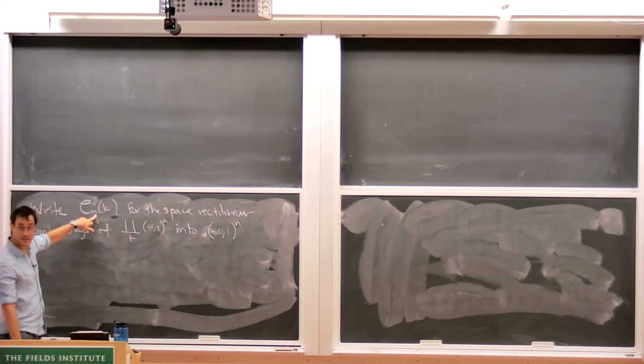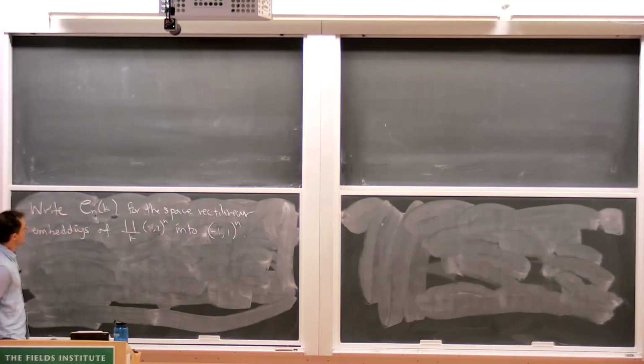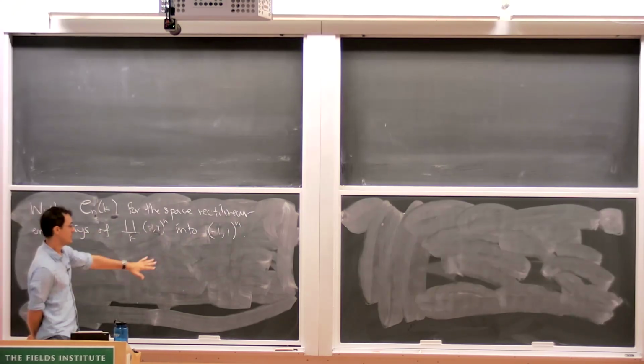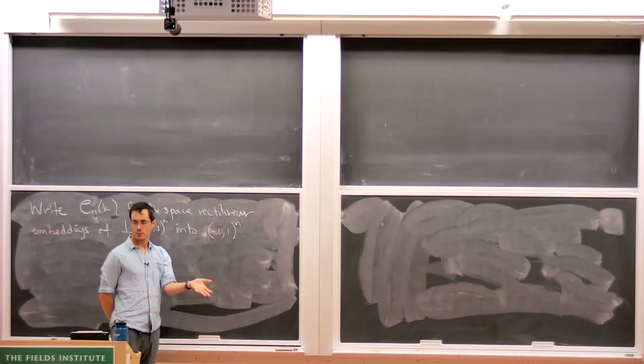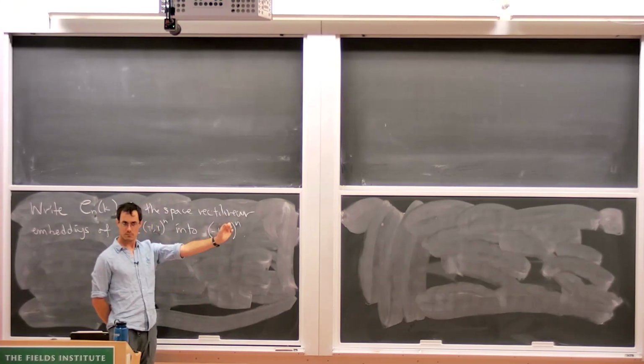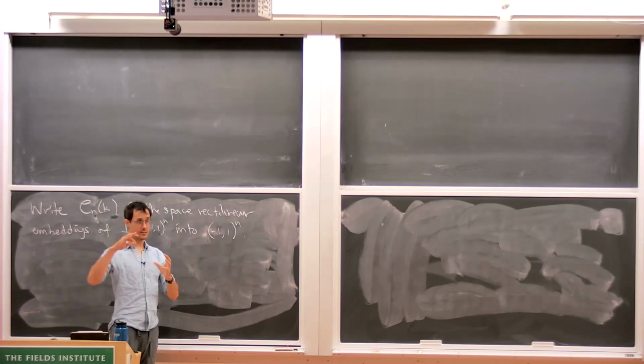I'll say what rectilinear means in a second. The parameter n is the dimension as it has been. The parameter k is the number as it has been. What rectilinear means is that all I'm allowed to do is translate the cubes and scale the sides of the cubes, perhaps by different amounts.